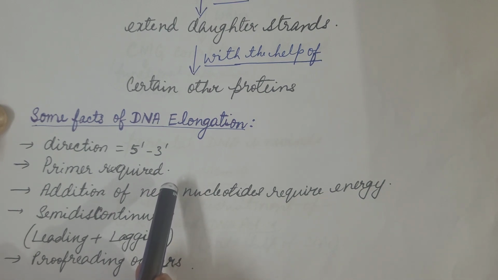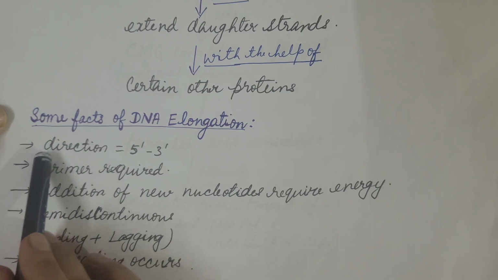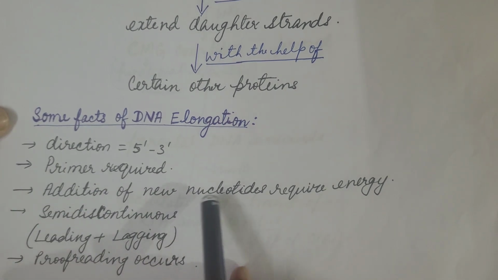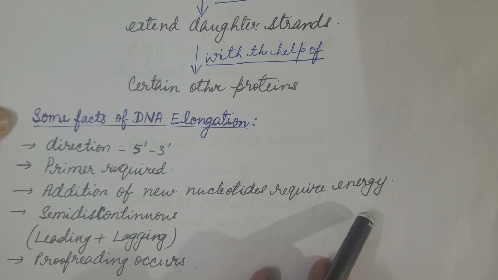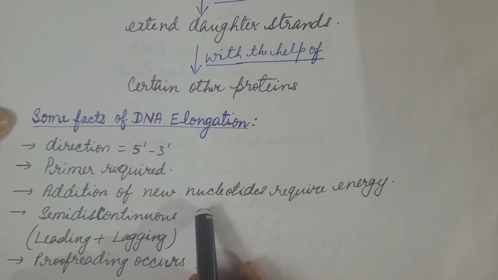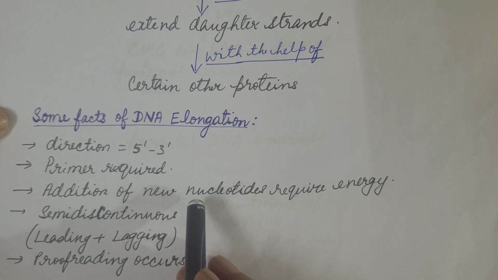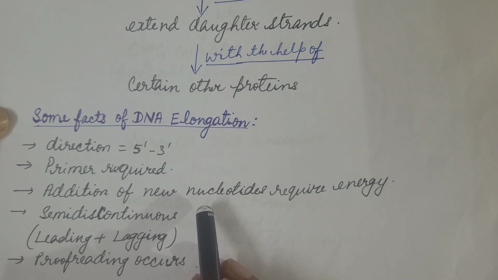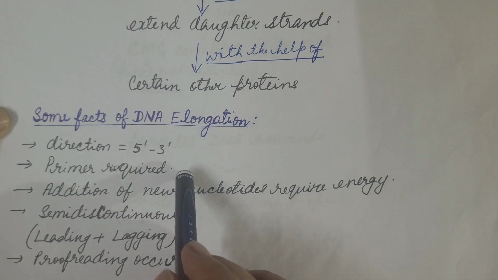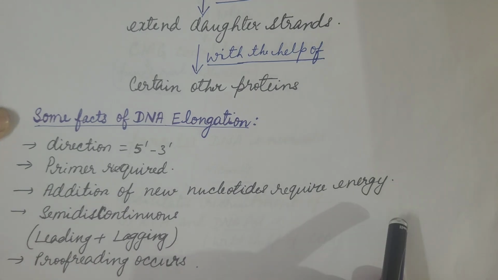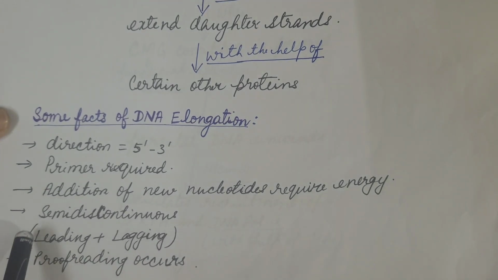They always require a 3'OH group for the extension of the new strand. Hence, a primer is required. Addition of new nucleotides requires energy. To elongate the new strand, nucleotides complementary to the template strand are added, and during their addition, energy is required in the form of ATP.